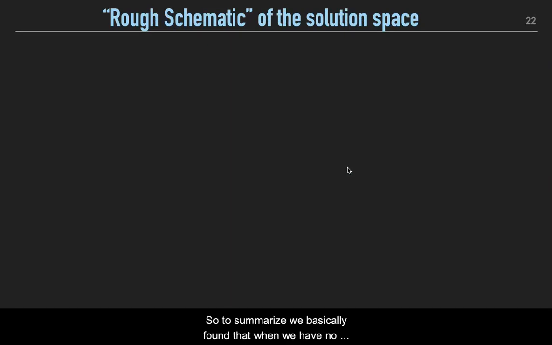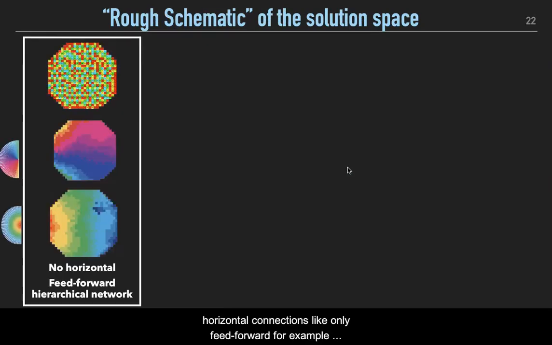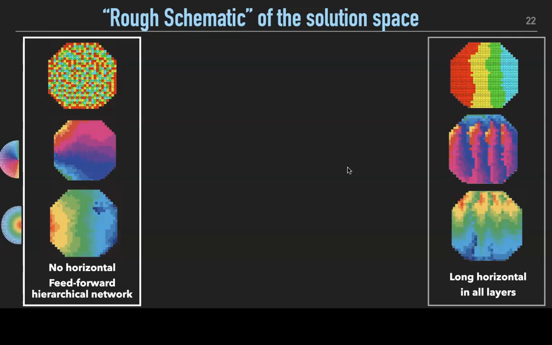So to summarize, we basically found that when we have no horizontal connections, like only feed-forward connections, we have one area. When we have long horizontal connections in all layers, we have multiple areas but non-biological retinotopy.